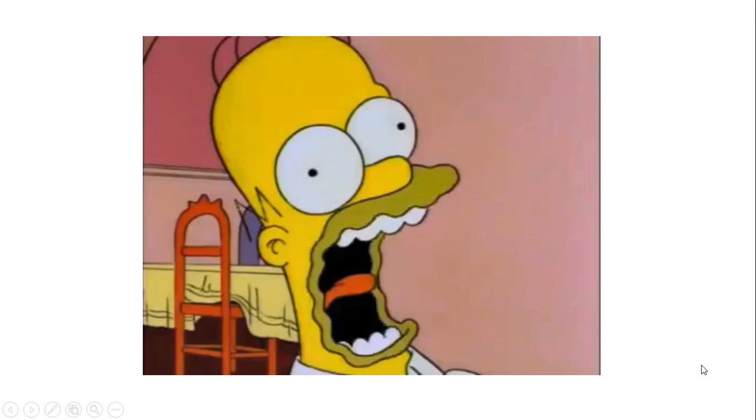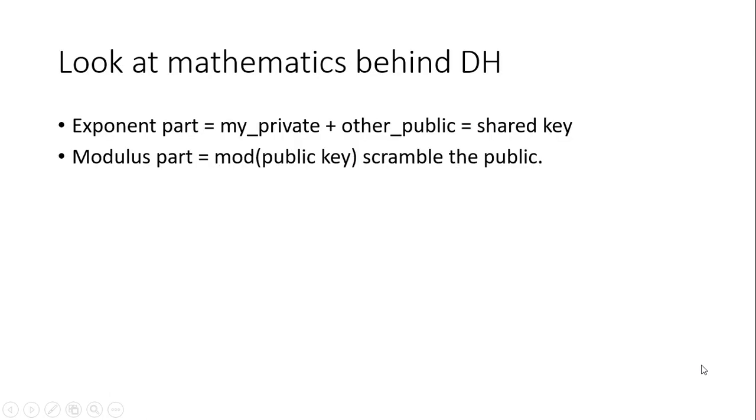What? Still confused? Okay, so let's look at the mathematics behind Diffie Hellman. As you saw just now, there are two mathematics involved in the calculation: the exponent part and the modulus part. Now, the exponent part is the one that gives rise to the idea of how we can combine my private key with your public key to get back the shared key.